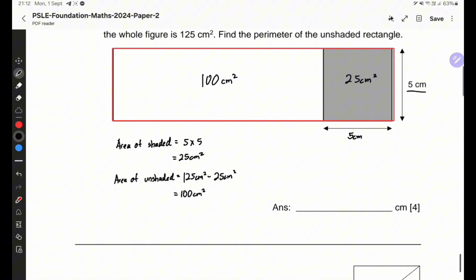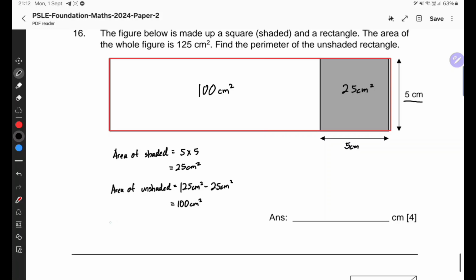The formula to find area of rectangle is length times breadth. So area of unshaded, again, is equal to length times breadth. The unshaded area is 100. The length is unknown. And the breadth is 5 cm. The breadth is this portion over here. So length times the breadth, which is 5.